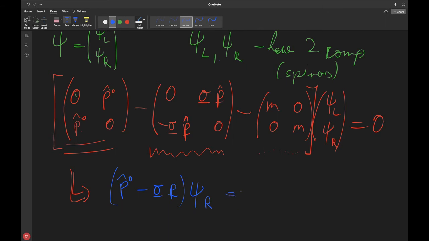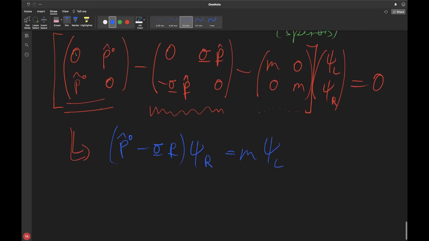So this equals M times psi L. And when we do the other row of the matrix vector multiplication, we get again P_0 plus sigma vector dot the P vector acting on the psi L, and that will equal M times the psi R.